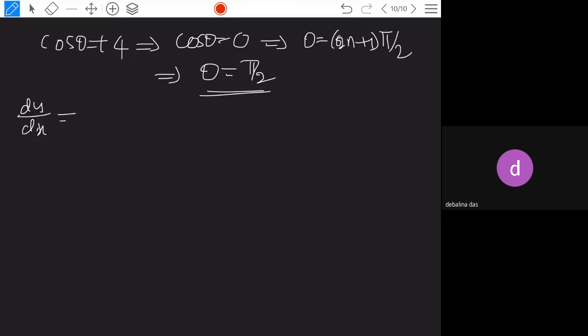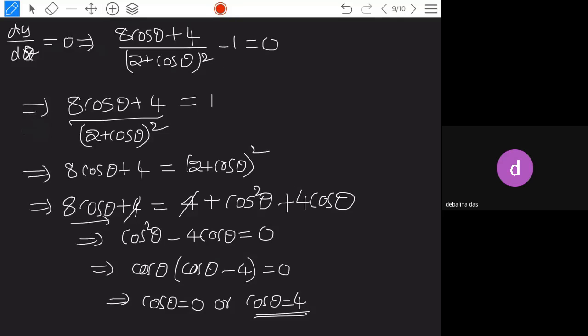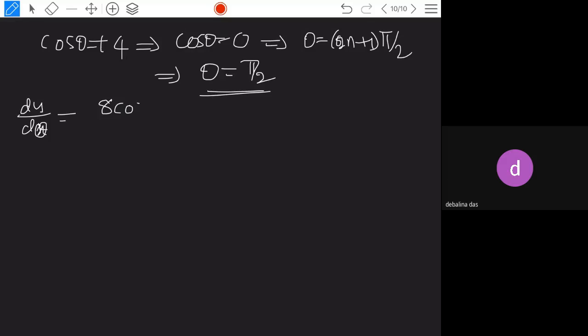So dy by dt is (8 cos theta plus 4) by (2 plus cos theta) whole square minus 1. This is greater than 0 in the interval 0 to pi by 2; you need to prove that in this interval it is more than 0.